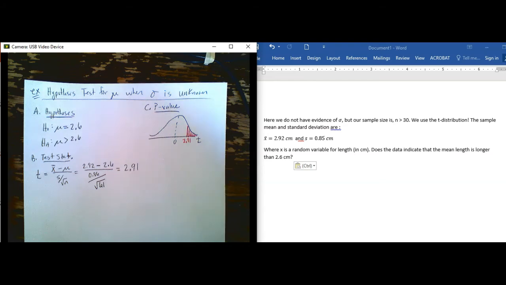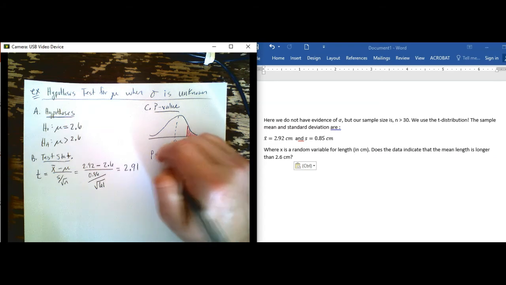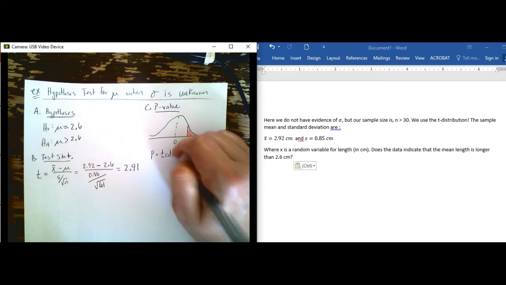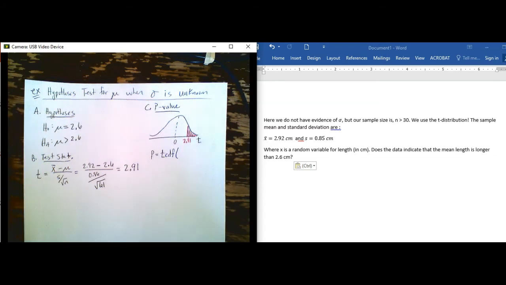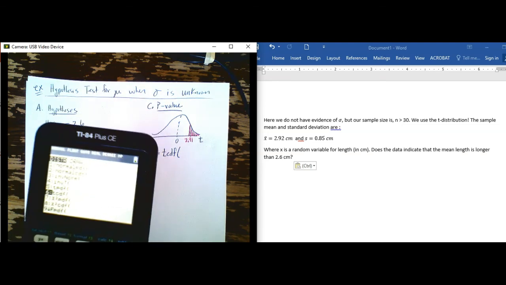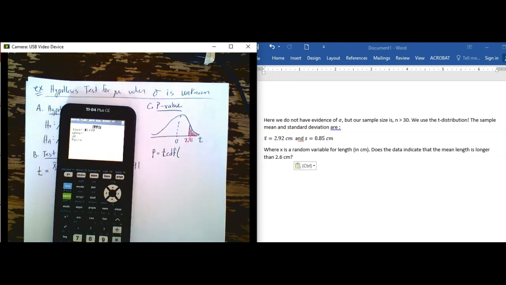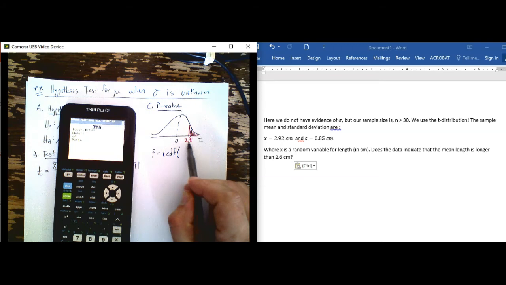This time we're trying to find a probability on the t distribution. So p is going to be equal to t CDF. Let's go there. Under the second distribution menu, if you go down to option number 6, it is t CDF. Here we have to put in some values. Our lower limit, which is 2.91 in our case.